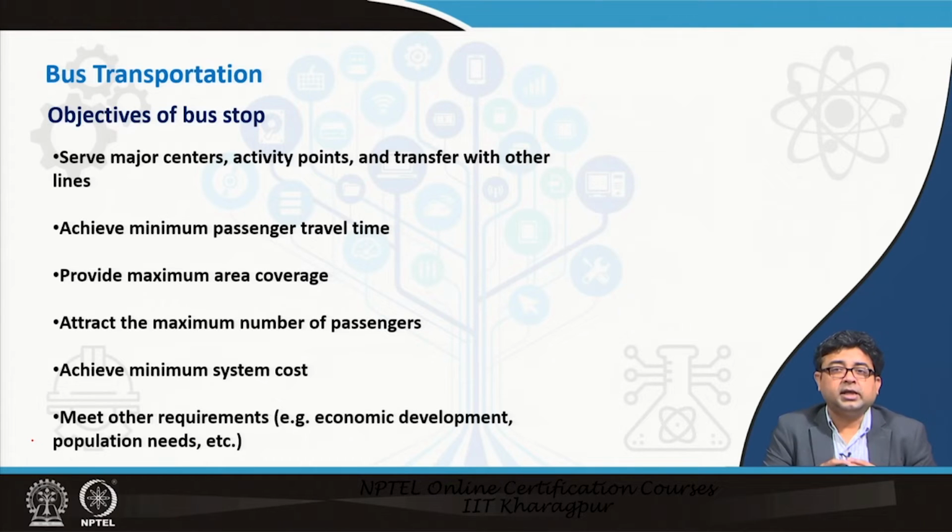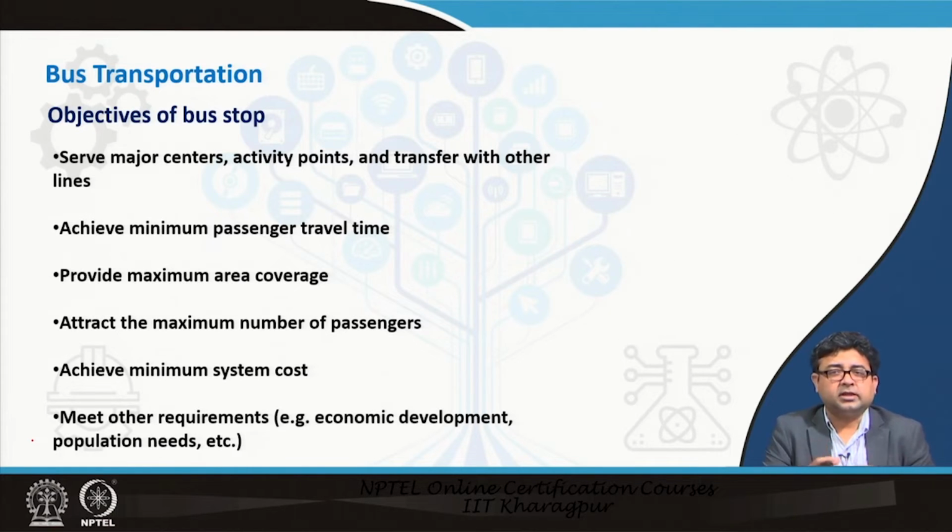So, there is a need not only to look at the demand side, which looks at how many passengers you can attract, but you should also look at the supply side of it. How many stations can you provide without increasing the cost of operations too much, right. A station will need a lot of infrastructure. A stop will not need so much infrastructure, but would still need maybe benches, shelters.